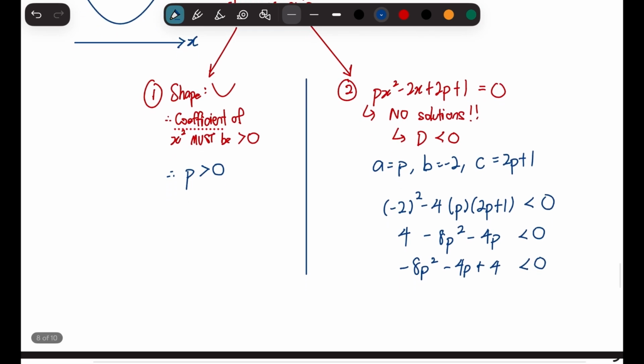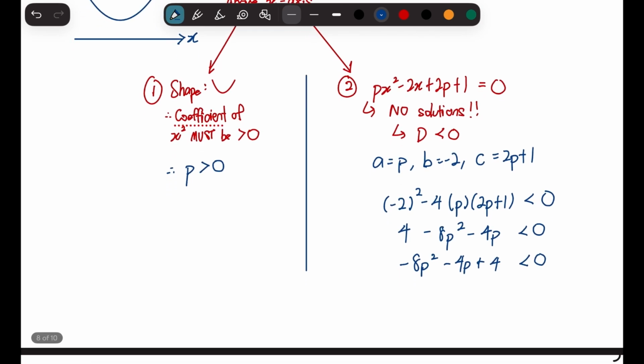I can divide the whole inequality by negative 4. By dividing by negative 4, I'll get 2p squared plus p minus 1. Since I divide by a negative number, the inequality must flip to become more than 0. Let me highlight this in case you missed it: it must flip from here to here because I'm dividing by a negative number, negative 4.